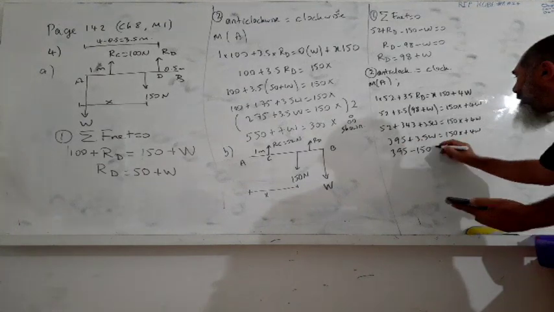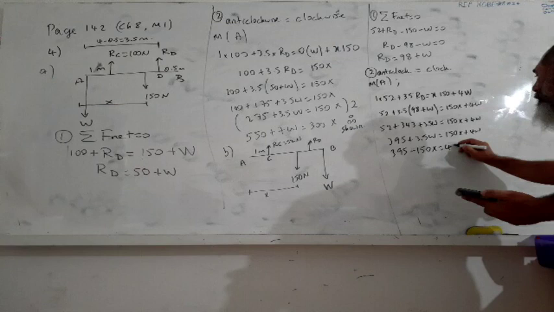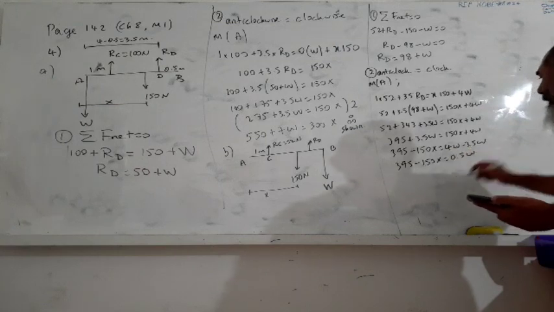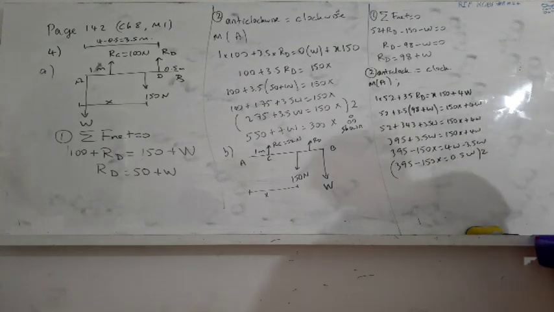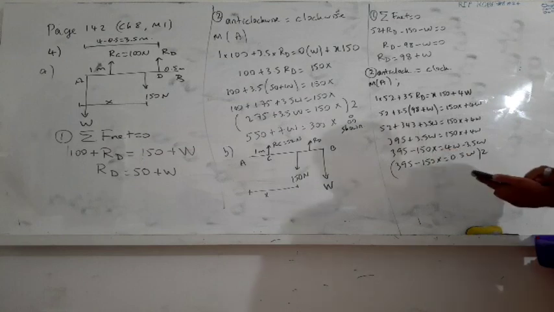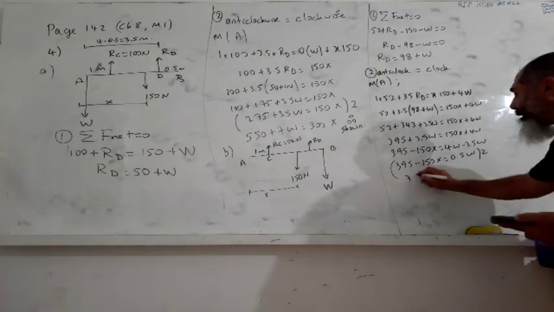Multiply by 2 to have a proper equation here. 790 minus 300X is equal to W, and that's the second equation.